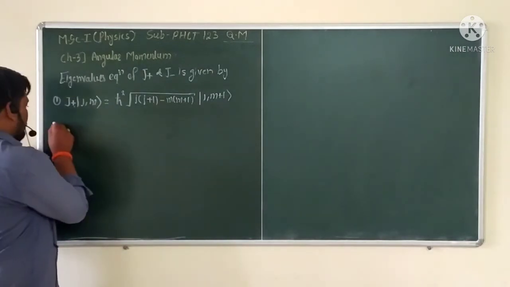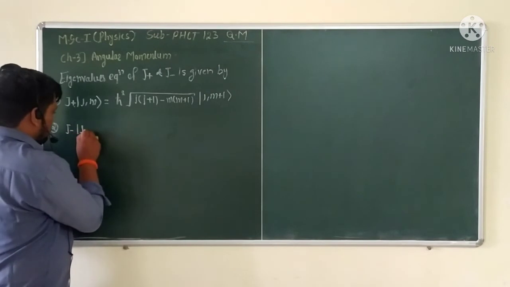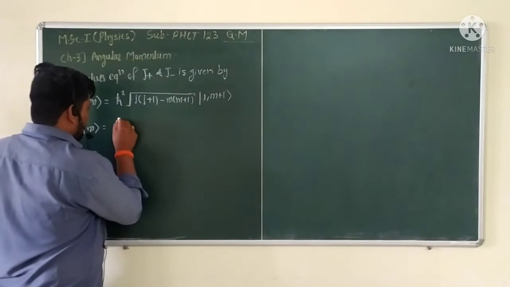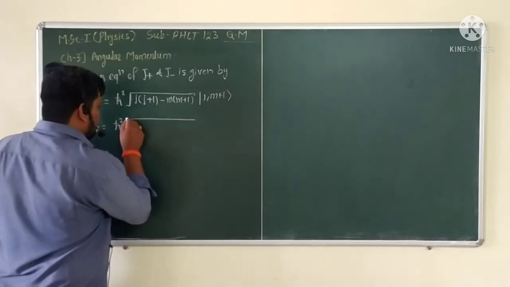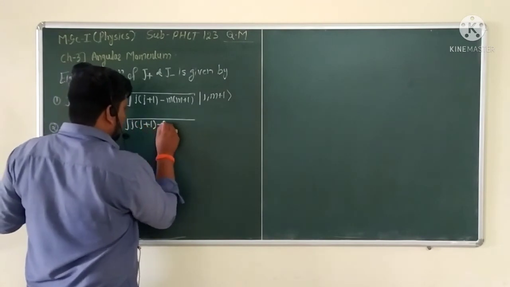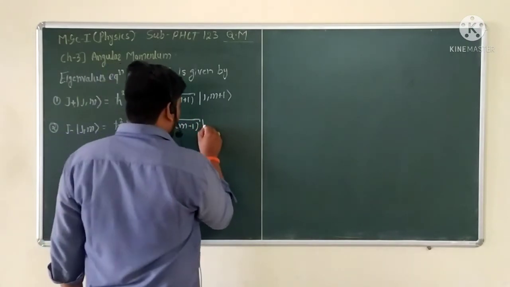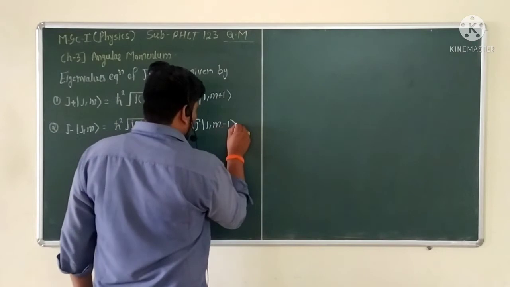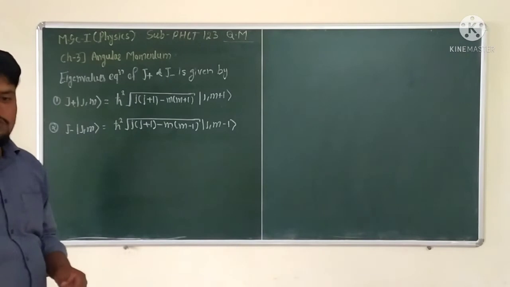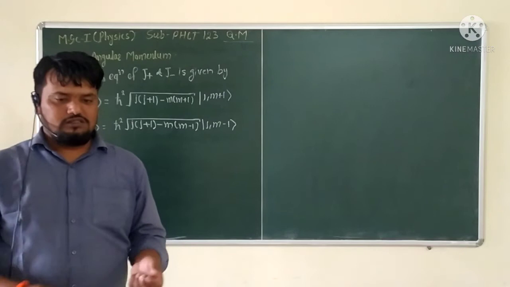The next one is the eigenvalue equation of J minus: J minus on J comma m is h cross square root of J into J plus 1 minus m into m minus 1, times ket J comma m minus 1.